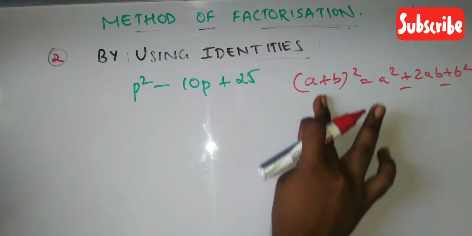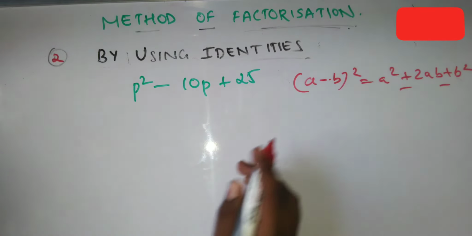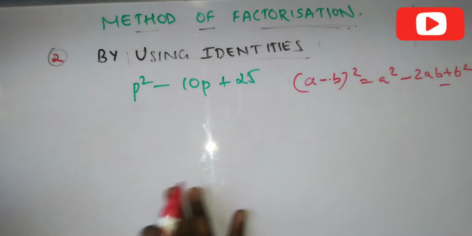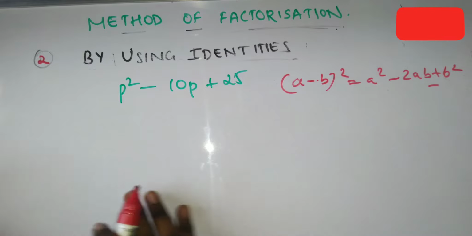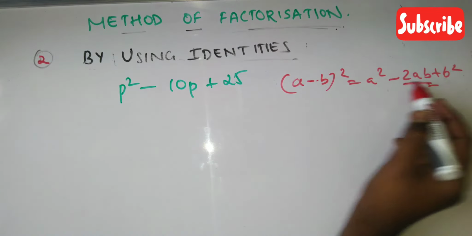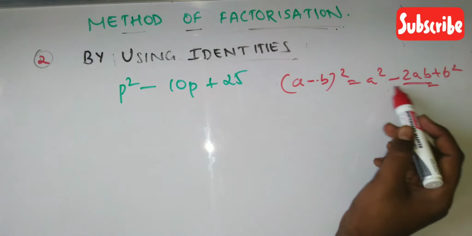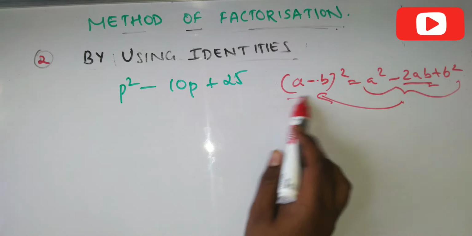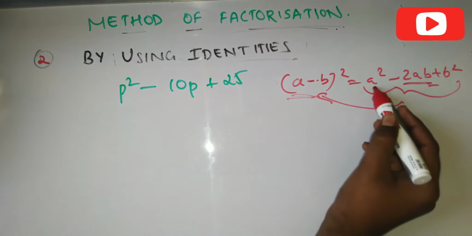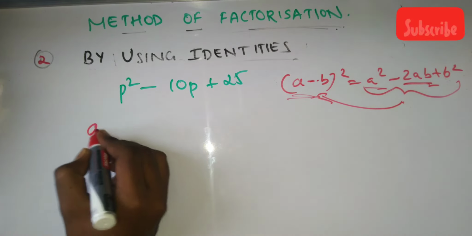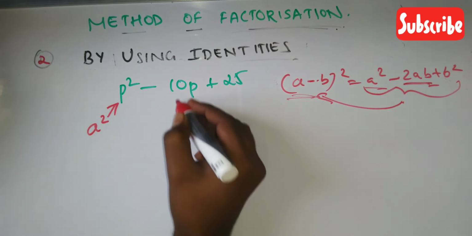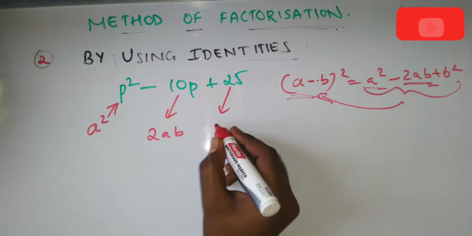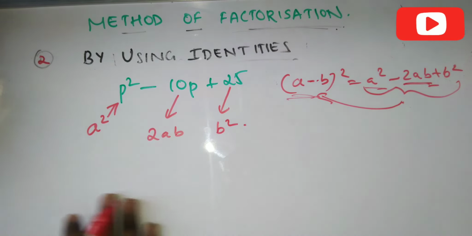So it's basically (a minus b) the whole square, because a square minus 2ab will come here. So they will give you this, and you have to write it in this form. Comparing, a square will be this, 2ab this, and b square this, correct?